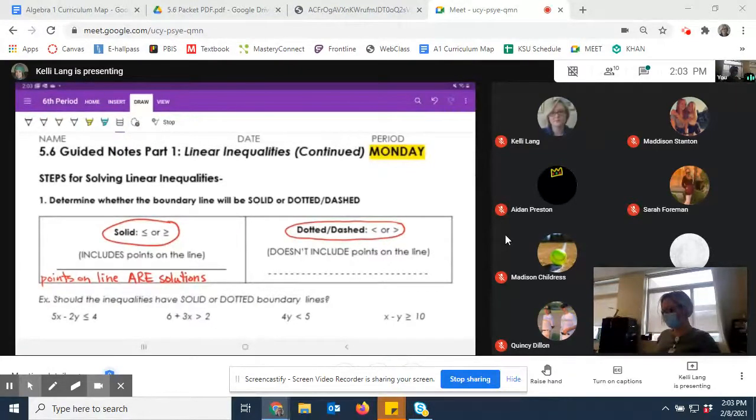These types of equations will get a boundary line that's dotted, and the points on the boundary line are not solutions. So you make sure you have that in your notes too.